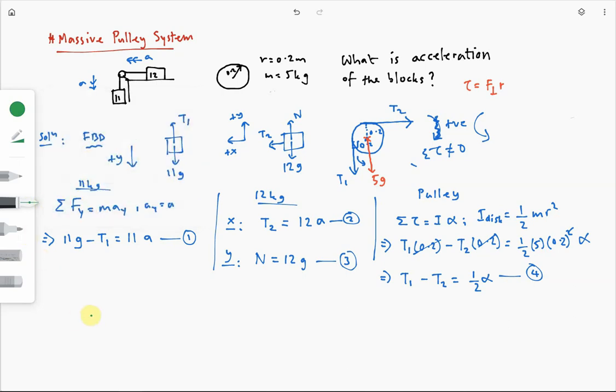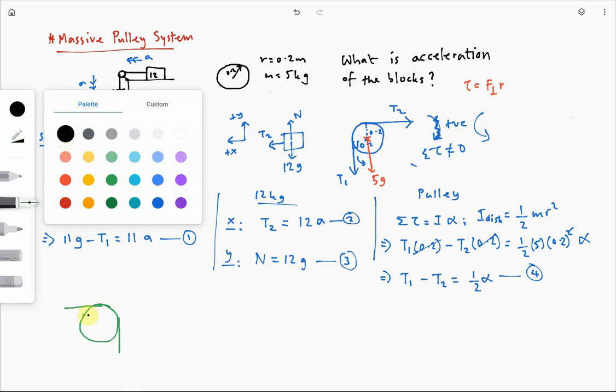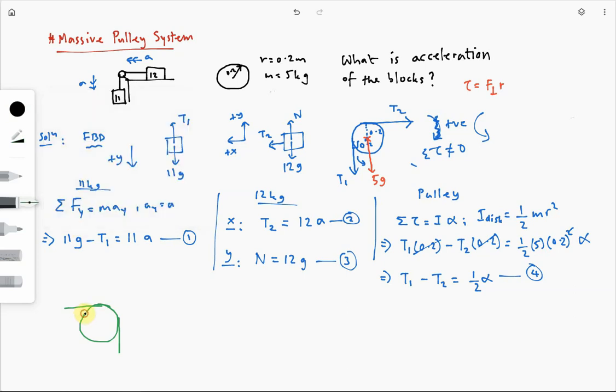Now let's look at the pulley a little bit more closely. If you have the pulley like this, and you consider the rope to be moving as the pulley rotates, right? And so the distance the pulley rotates must be related to the distance the rope goes. Hence, if you consider, let's use a different color, if you consider one point moving on the pulley, say this point here, and it moves from here to there.